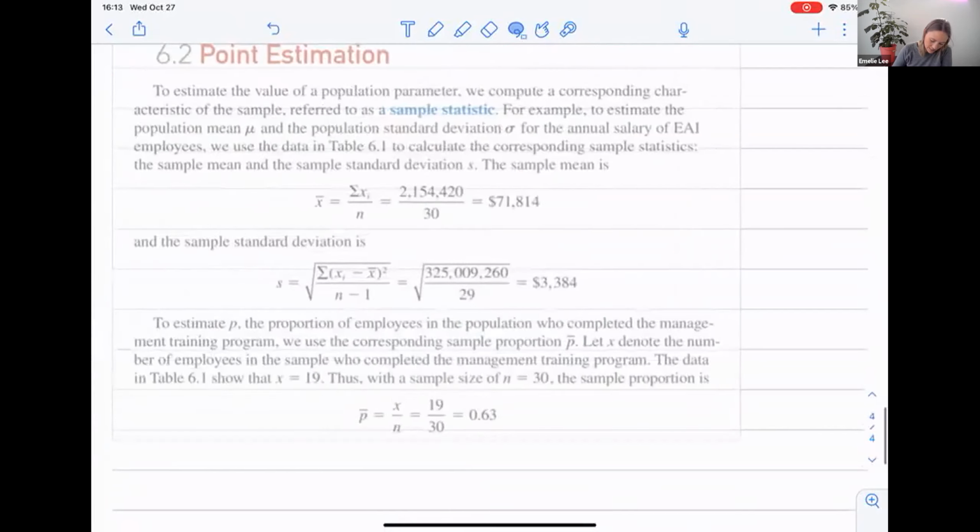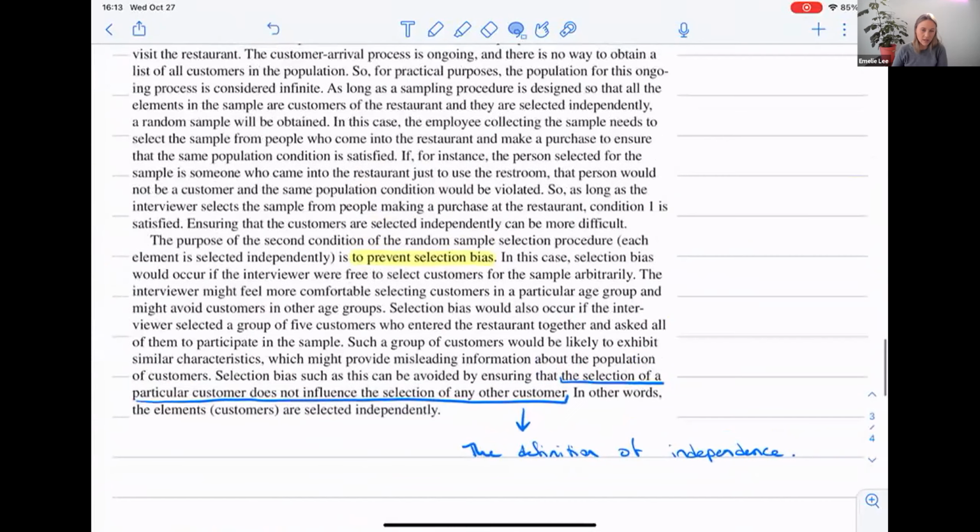So sampling is a big field. It's a huge field of study, and of course there are professionals who all they do is create sampling designs and survey designs and stuff like that, right? There's a lot that goes into it, but from here on out, we just assume that we have a good, representative sample.